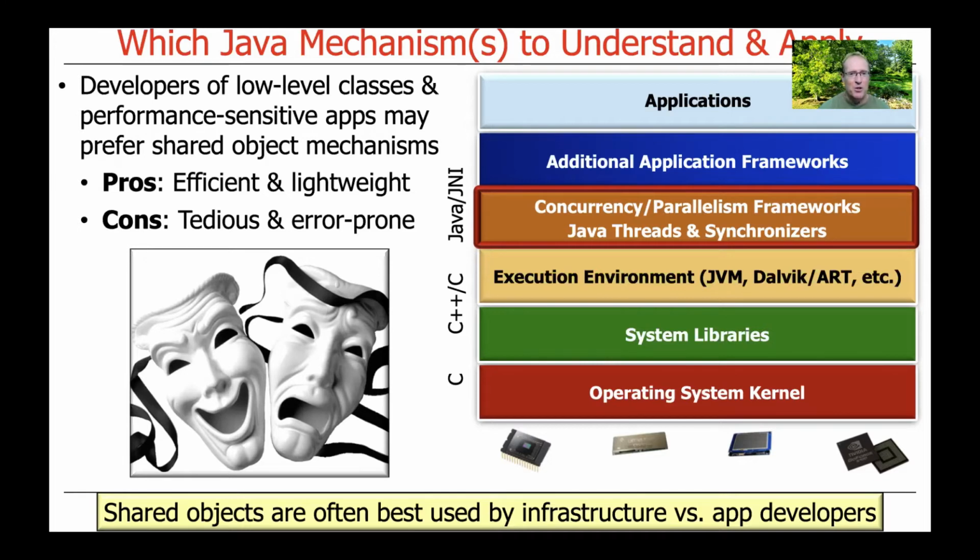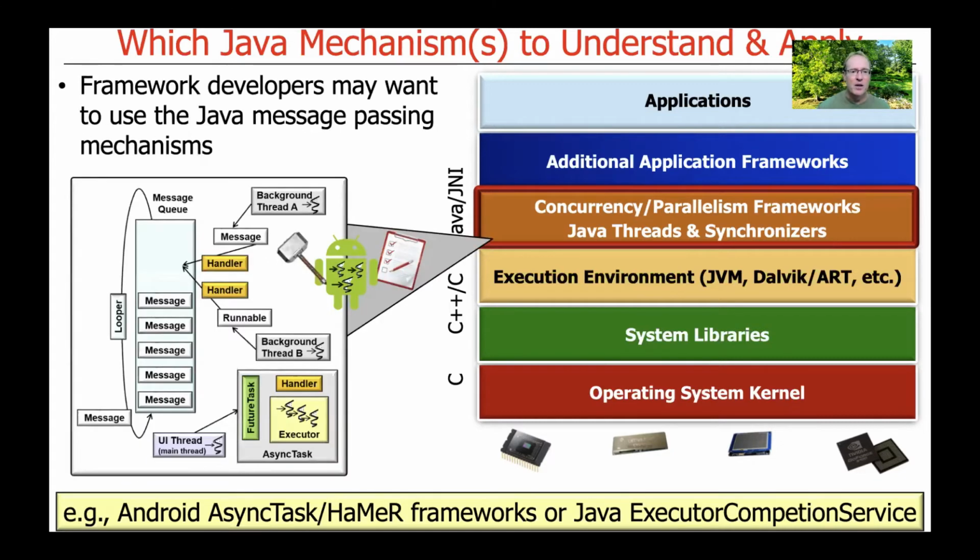App developers typically need to be more focused on domain-oriented issues like user experience and user delight and providing features, whereas infrastructure developers are more about how you take good advantage of the underlying operating system features and the hardware and the resources that you've got. So the low-level stuff, the shared objects, they're great, but most app developers don't really need to be aware of how they work. They can work at higher levels.